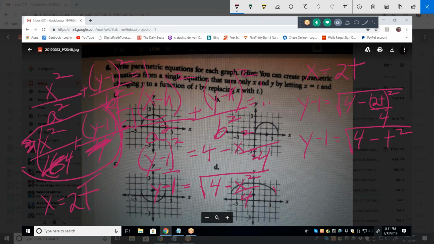And now, if I want to solve for what y is, then I just add 1 to both sides. So y would be the square root of 4 minus t squared plus 1. And that's y, and that's 2t.